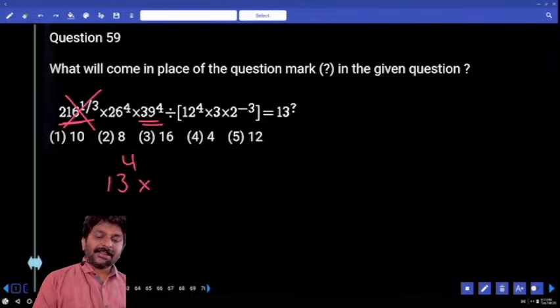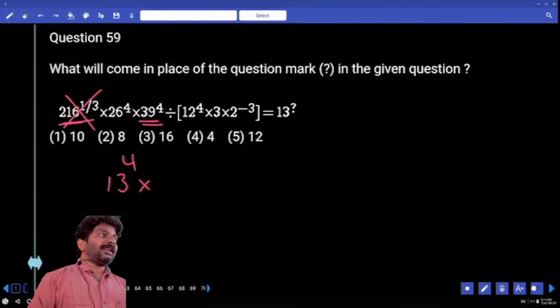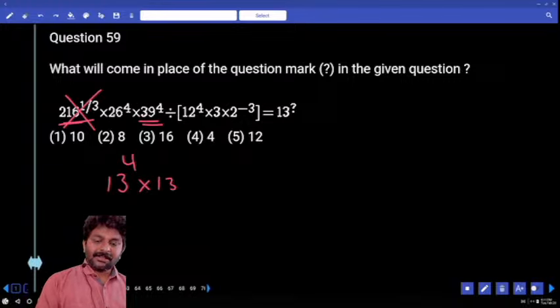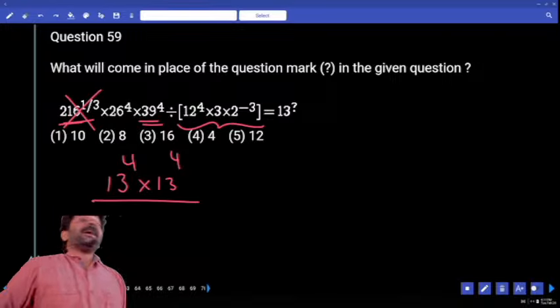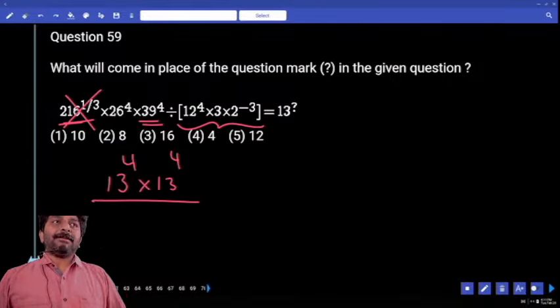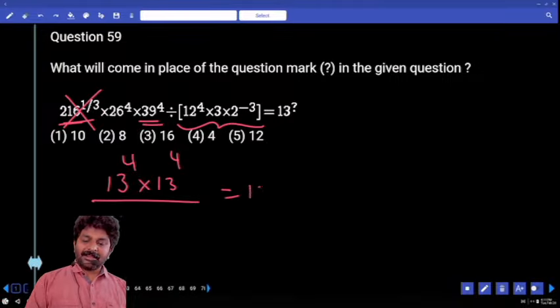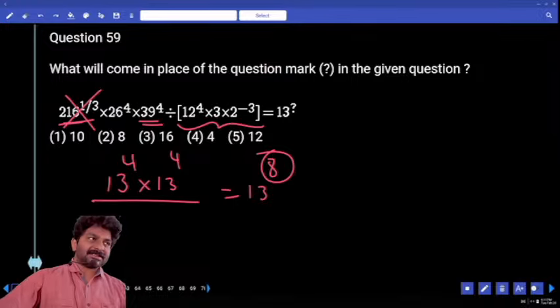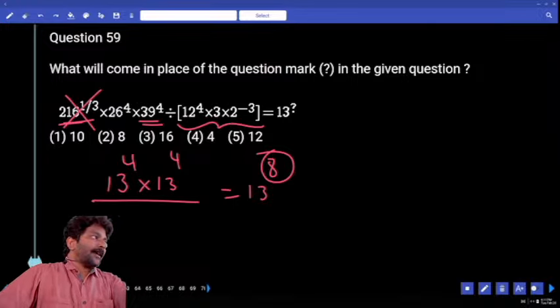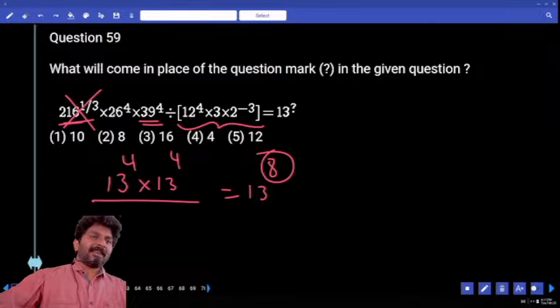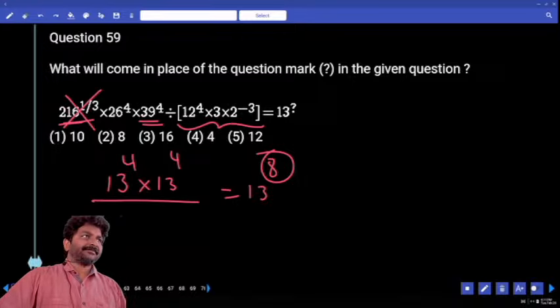Into 13 in base. 13 into 3. 3 we can forget about it. 13 power 4 divided by. This entire value comes in denominator only. Observe base values. Do you have 13 multiple anywhere? So do you really need to worry about it? Answer 13 power 8. 8 is my final answer. Apart from 13, what multiples are there? I don't care. I don't need them. Understood?